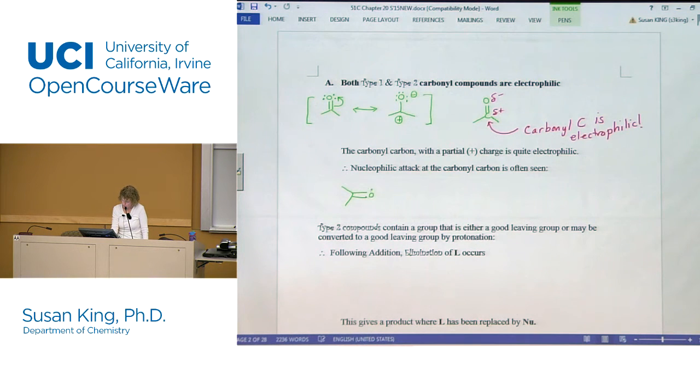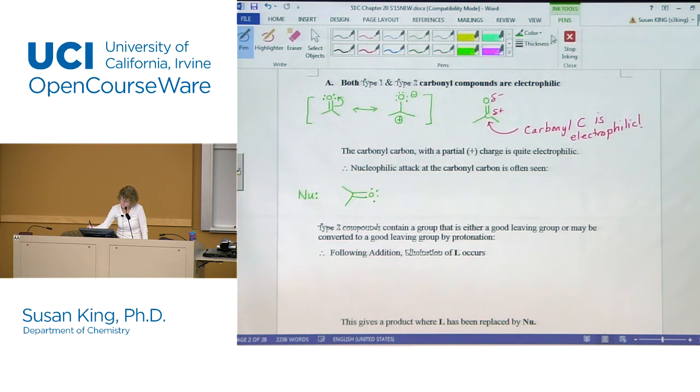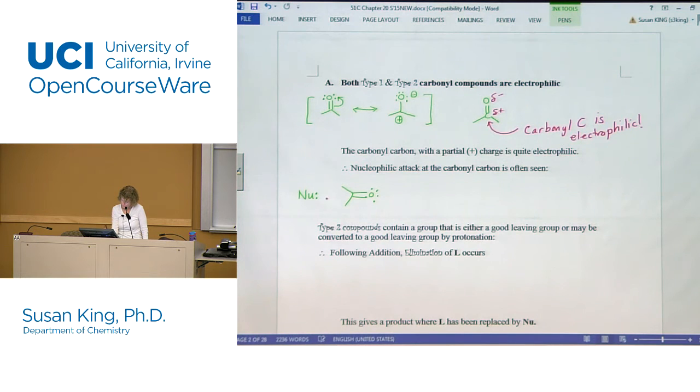So this is what it will look like. Nucleophile attacks the carbonyl carbon, and then we kick electrons up onto oxygen. That's the reactivity that we're going to see for all of the carbonyl compounds.